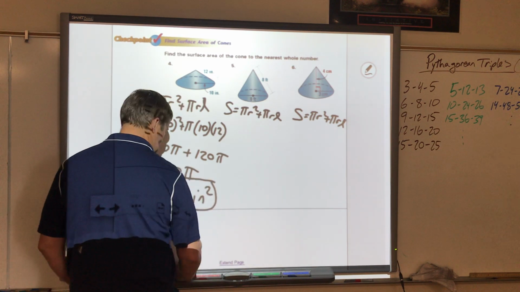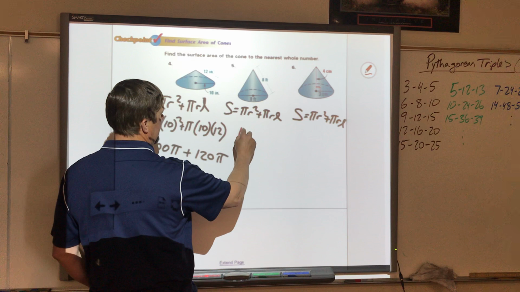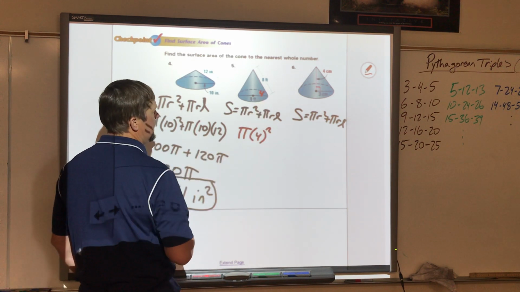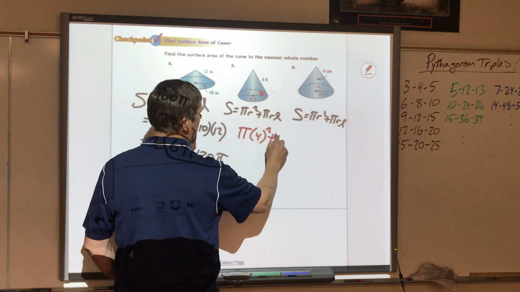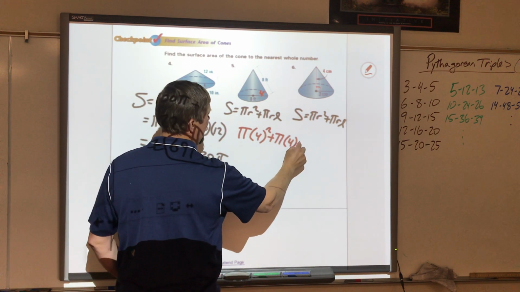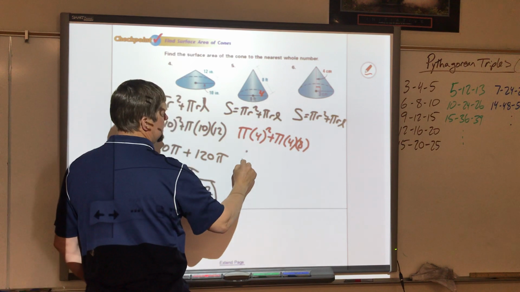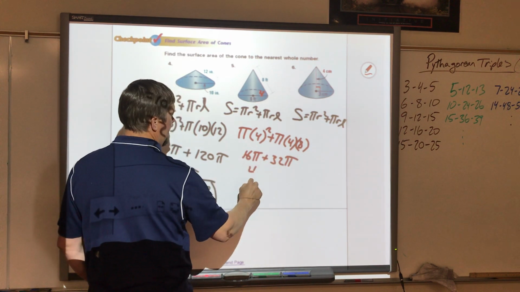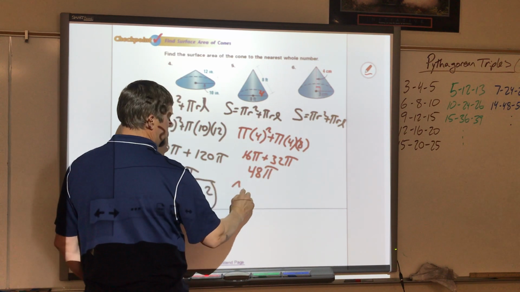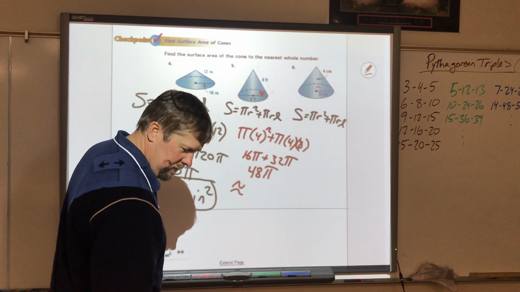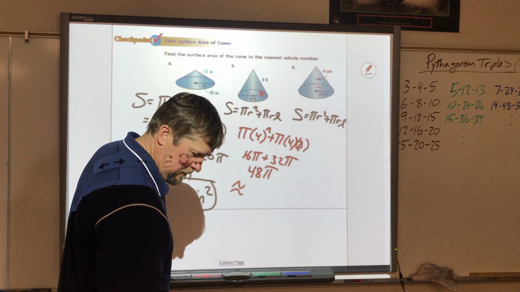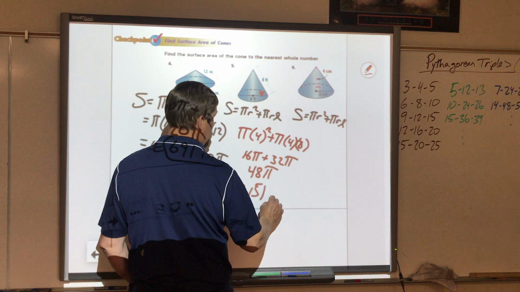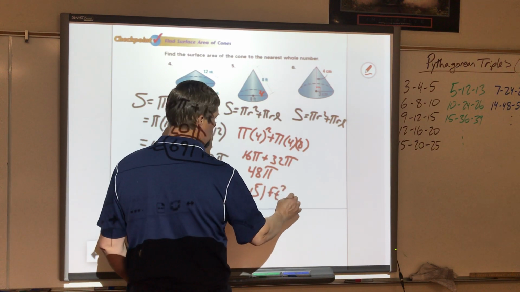This one is pi times 4 squared because 4 is your radius, plus pi times 4 times 8. So that's 16 pi plus 32 pi is 48 pi, which is approximately 48 times pi, 151 feet squared.